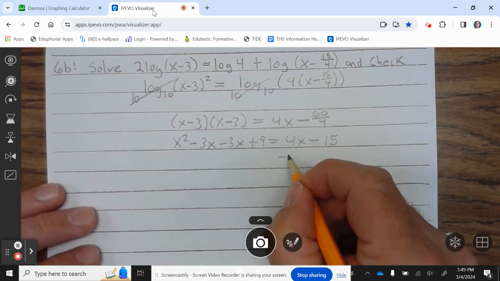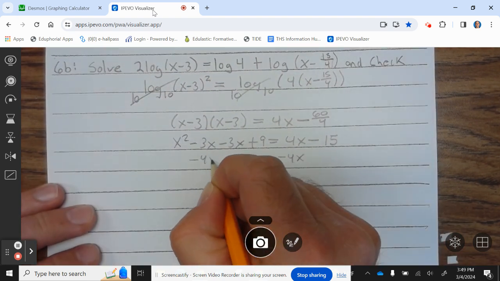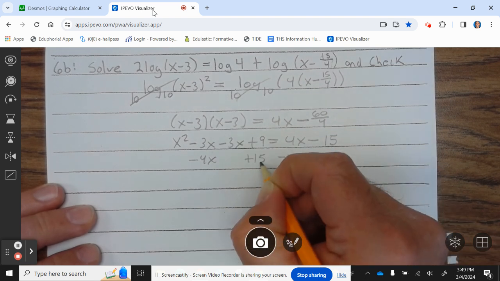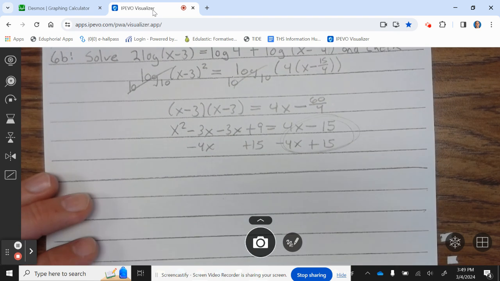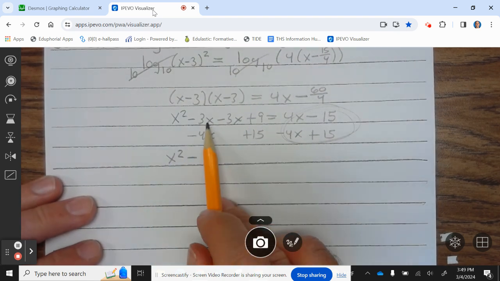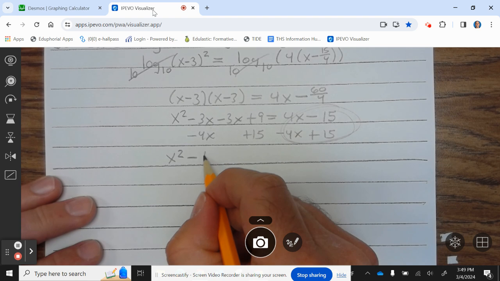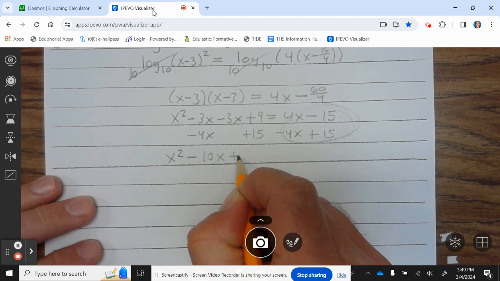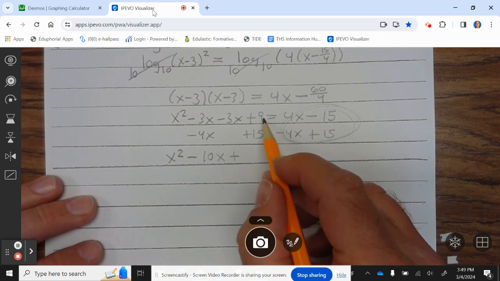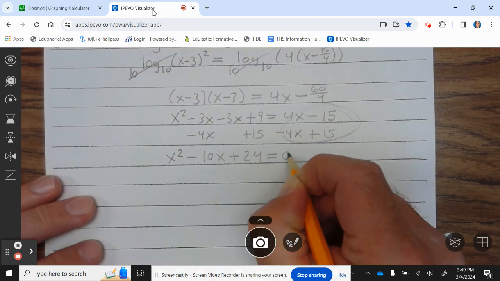We can go and subtract 4x from both sides, and we can add 15 to both sides. This all becomes 0. So then you're left with x squared minus 3 minus 3 minus 4 is minus 10x plus 9 plus 15 is 24 equal to 0.